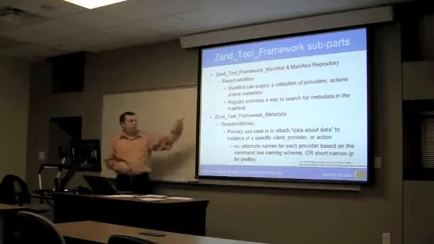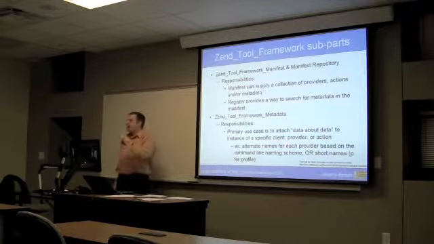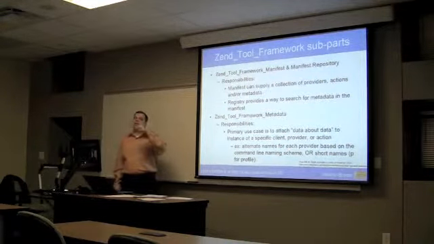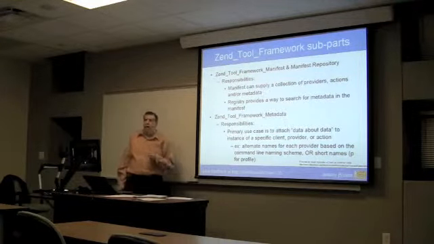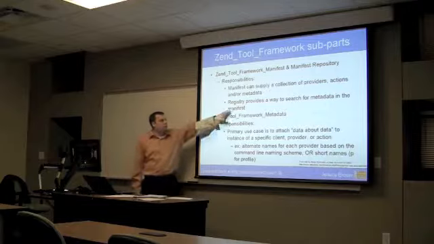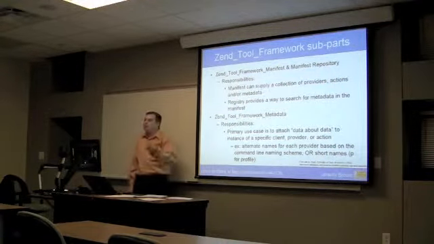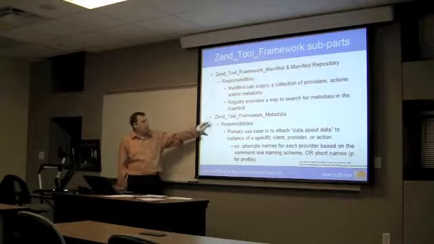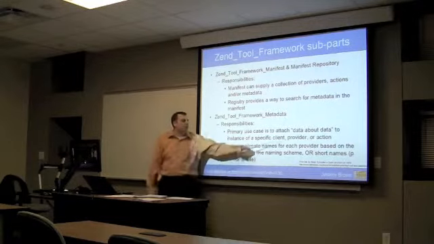And we're going to get into that more. It's also a way to provide additional information about those providers, context in which they should be used, or different actions, different ways they should act, depending on the context in which they're being used. And then they also expose the ability to get to the registry to search for the metadata that's attached to your providers and that type of thing. So, very powerful.